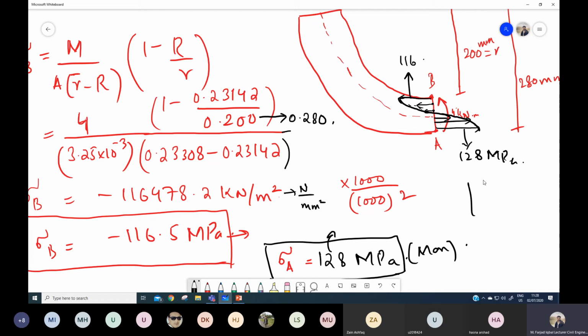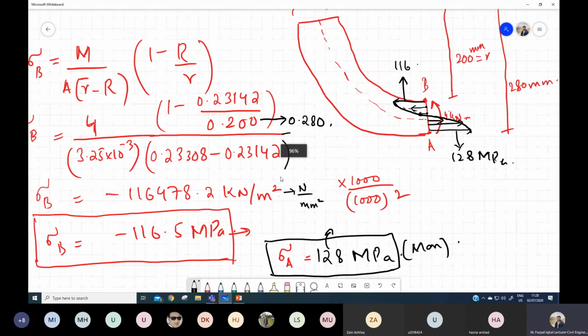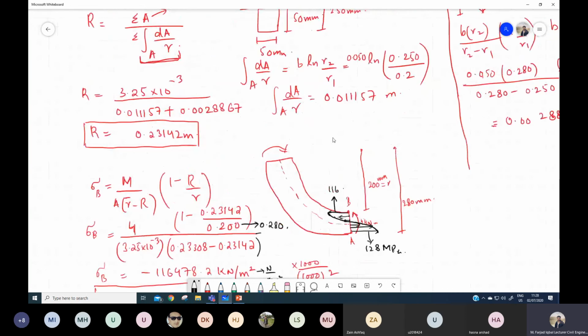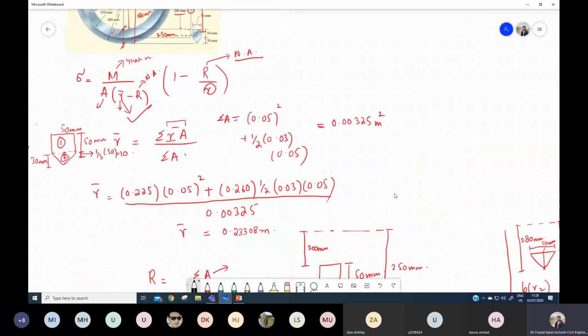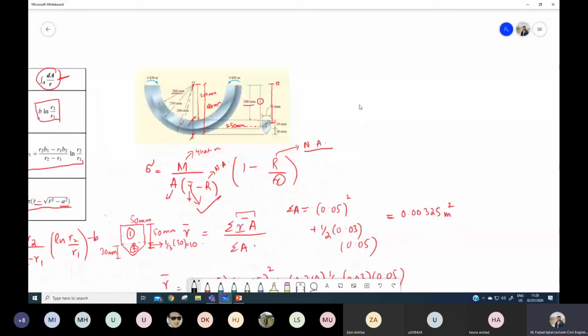If you remember, in the case of straight beams or rectangular cross sections, the stresses are linear. But here you can see that the stresses are non-linear for a curved beam. So this is it for the calculation of the example. Mostly you are going to get similar numericals in the case of curved beams.